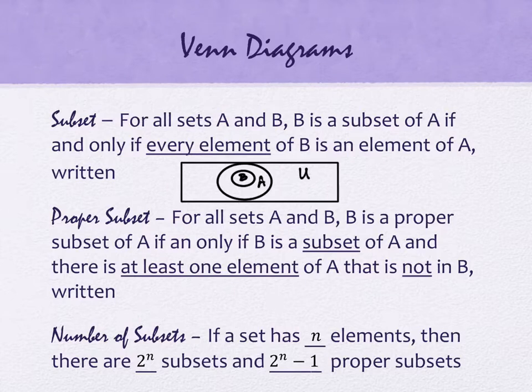Now, if we expand things so that it's truly not the same, we have something called proper subsets. With a proper subset, there is something in the larger set, visually, that's not inside the little circle. If my husband were to say my family, meaning his immediate family and all the people he grew up with, his family of origin, that would be a bigger set than just his immediate family.